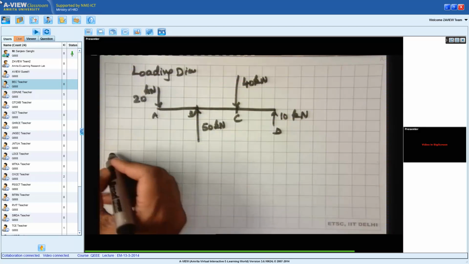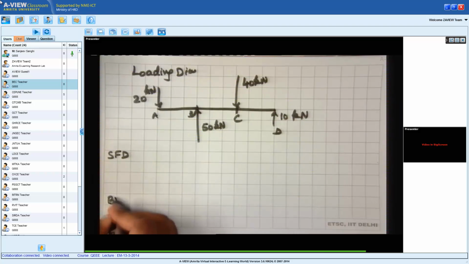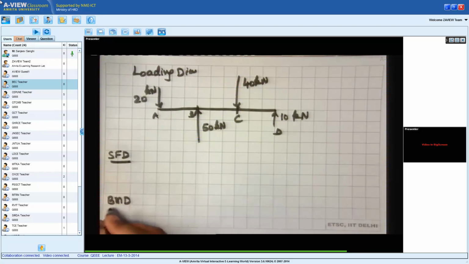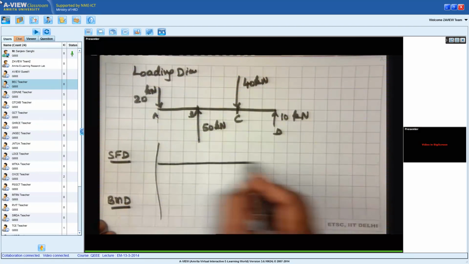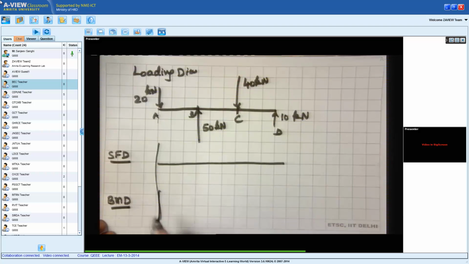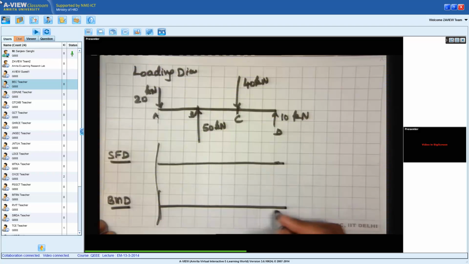So now we have to draw the shear force diagram and the bending moment diagram. We start from this axis. This is for shear force. This is for bending moment. This is from 0 to 6.